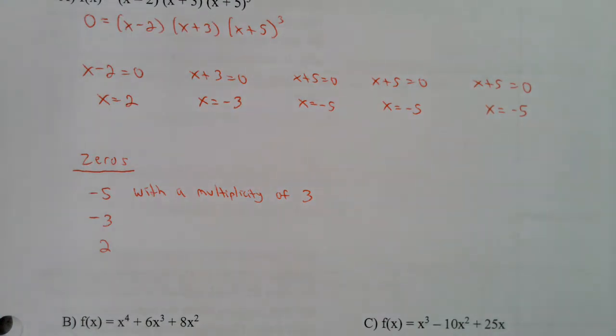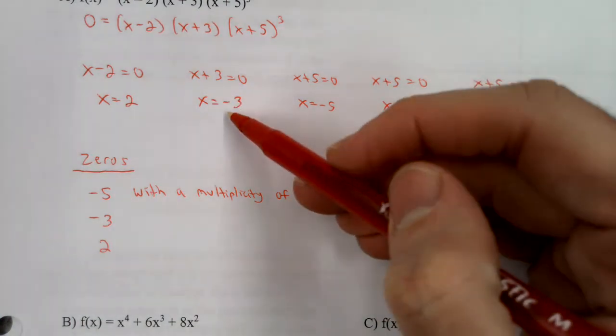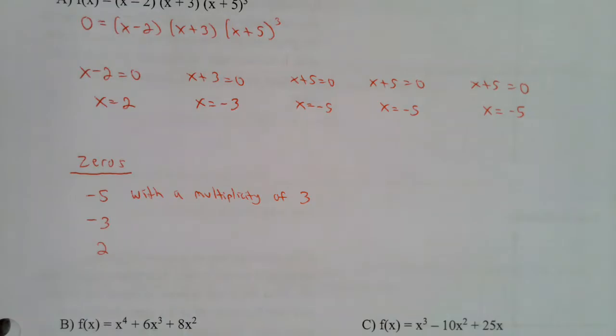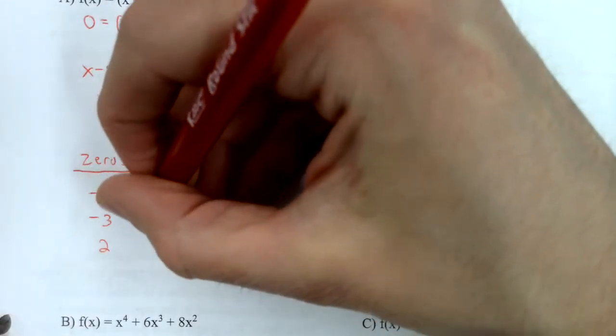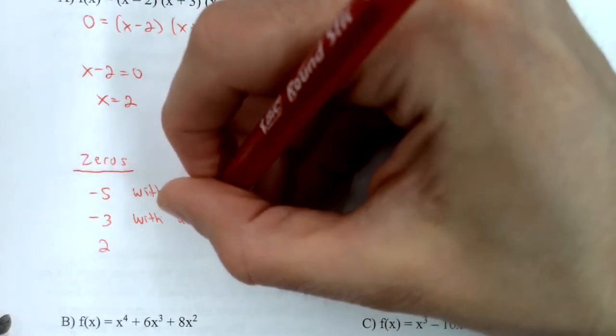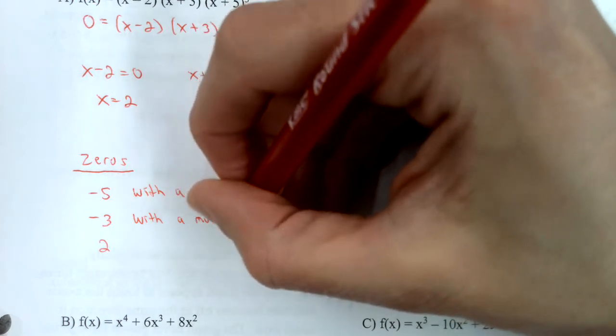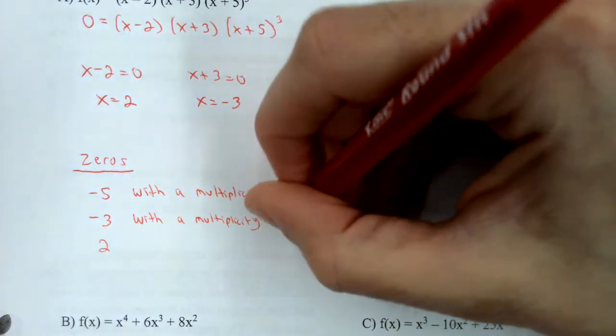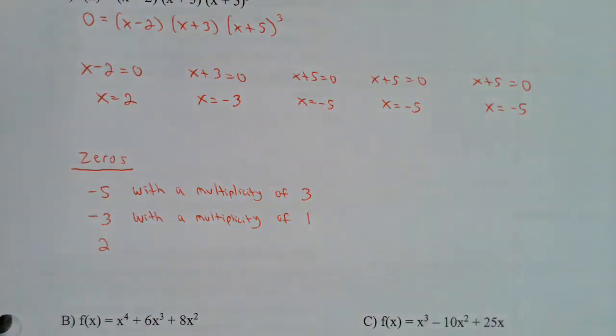And then we have -3 with a multiplicity of 1 because it only occurs once. Then we have 2 with a multiplicity of 1 because it only occurs once.